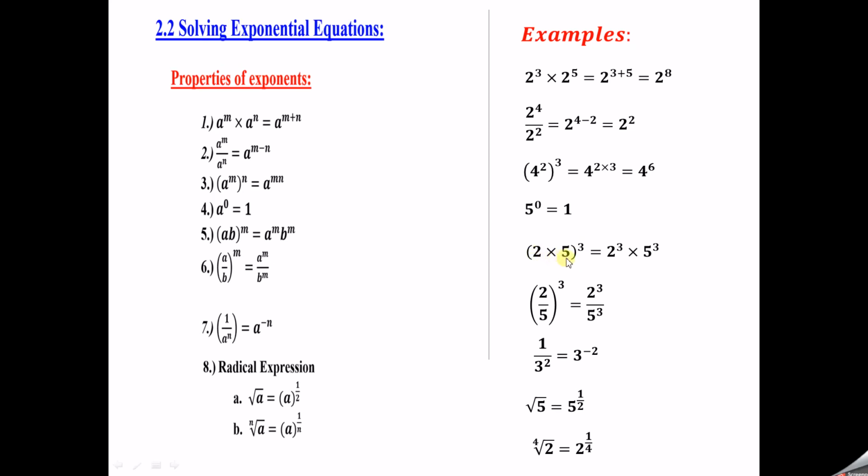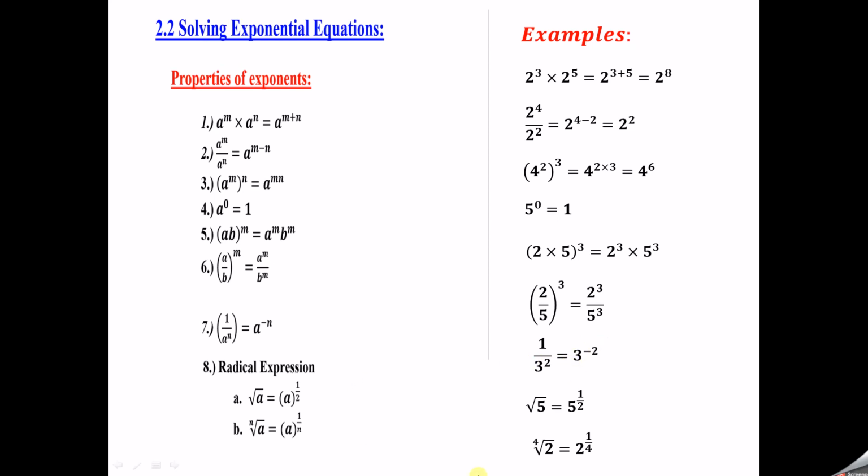So 2 times 5 power 3 is equal to 2 power 3 times 5 power 3. An example for sixth property, 2 by 5 power 3 is equal to 2 power 3 divided by 5 power 3. An example for seventh property, 1 by 3 power 2, you can write it as 3 power minus 2. Both are equal.